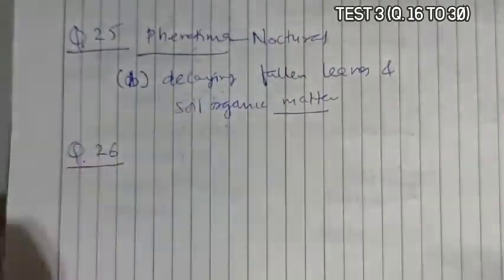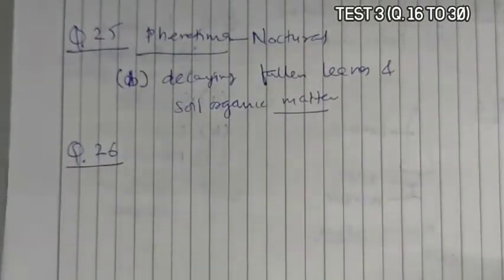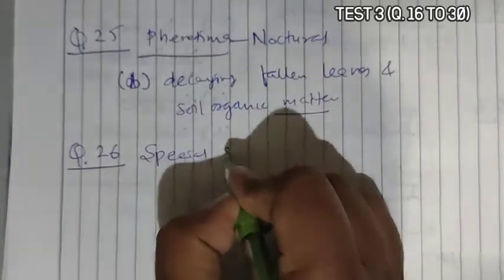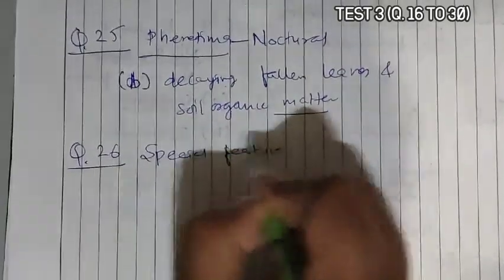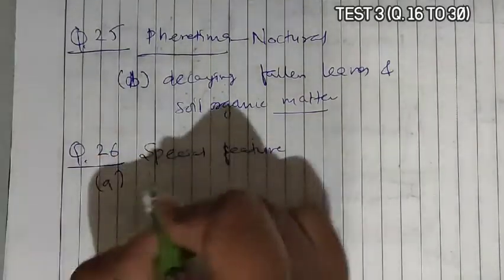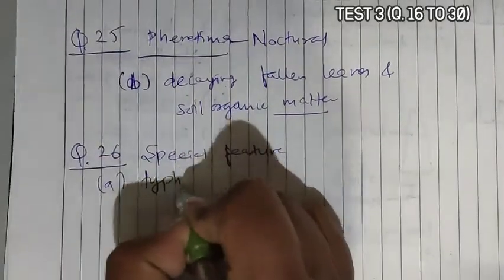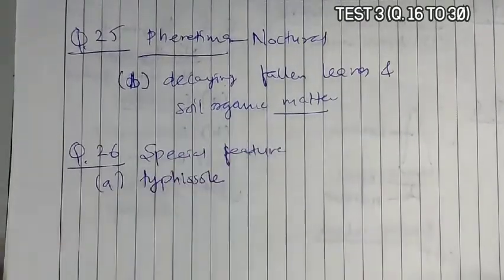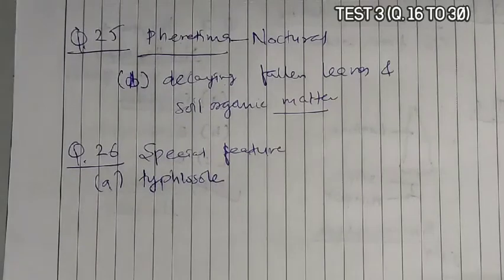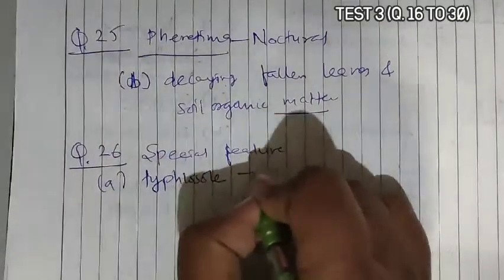Question number 26 asks about one very special feature of the earthworm. We have to select the special feature of the earthworm. Now option A is given as typhlosole greatly increases the effective absorption area of the digested food in the intestine. Typhlosole is the internal fold of intestine.